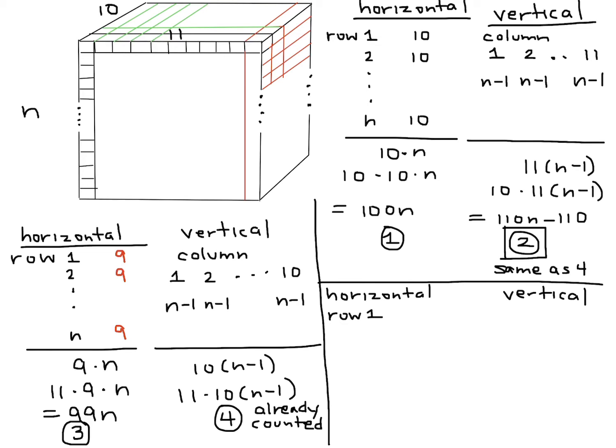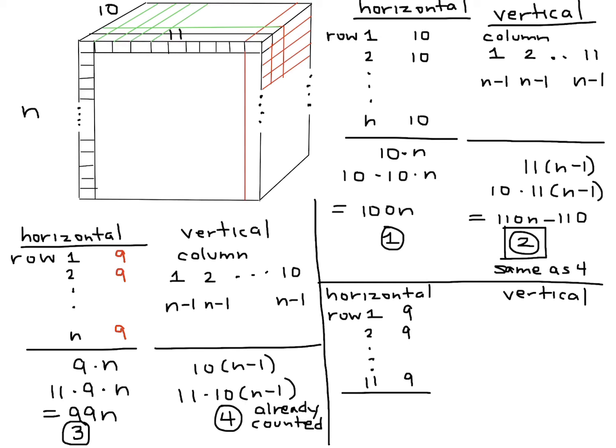Row 1, 2, all the way down to 11. Okay? So there's 11 rows this time. Dot, dot, dot, all the way till 11. And in each row, how many times can I put the block? Well, 1, 2, and so on, right? But the dimension there is 10, so that's going to be 9 times that I can put it. 9, 9, all the way down till 9.